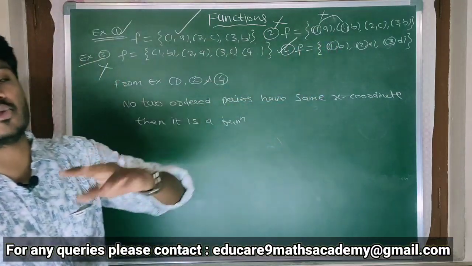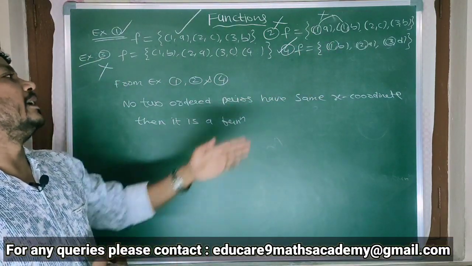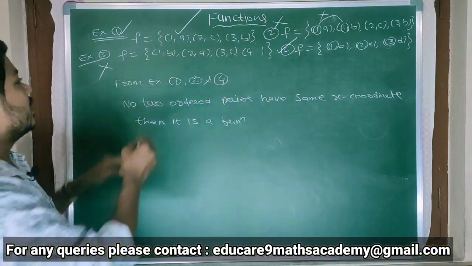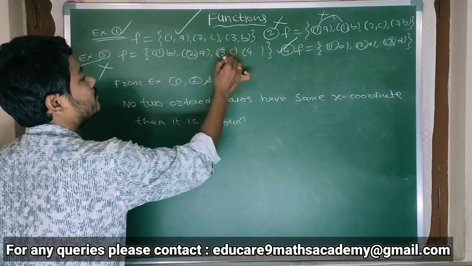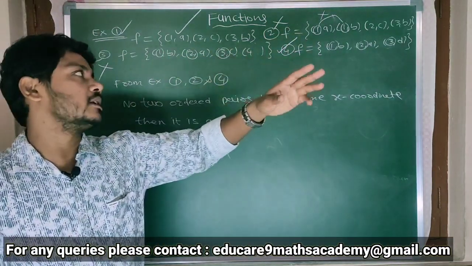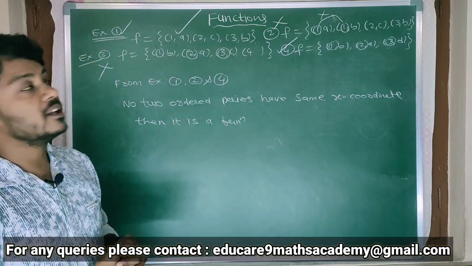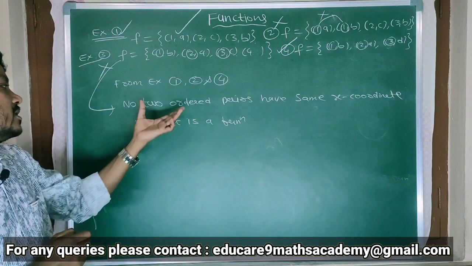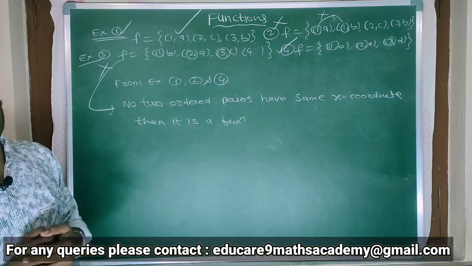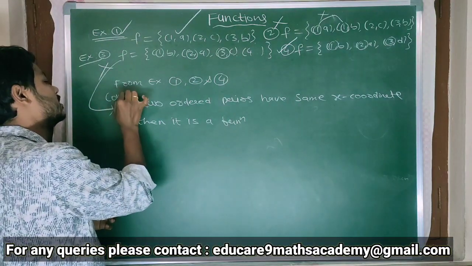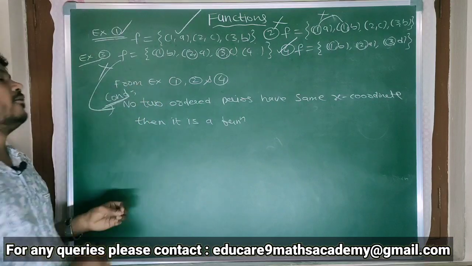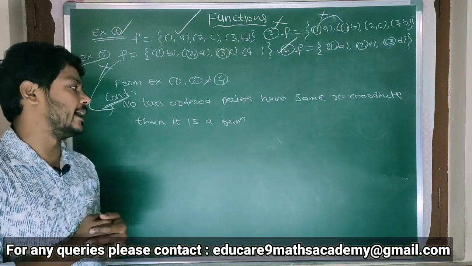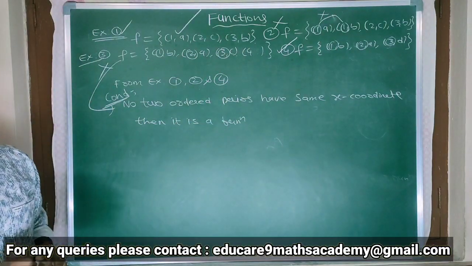In example 4, all x coordinates are different, so this one is also a function. But in example 3, the x coordinates are different, but 4 is not mapped to any element in B, so this definition is not possible for example 3. So simply this is the condition, and it works for a few problems only: if no two ordered pairs have the same x coordinate, then it is a function.